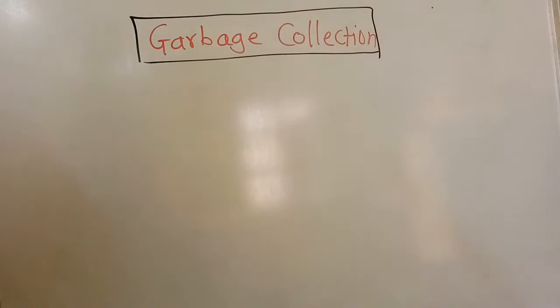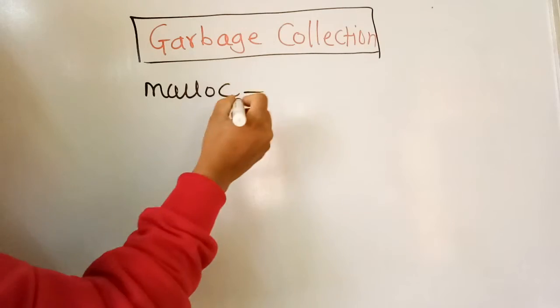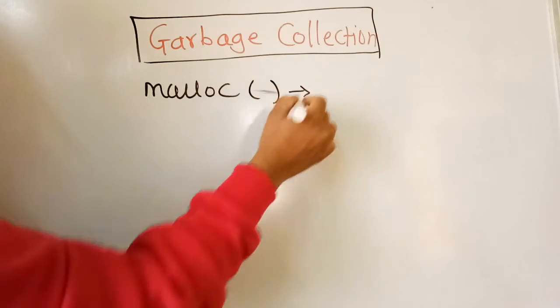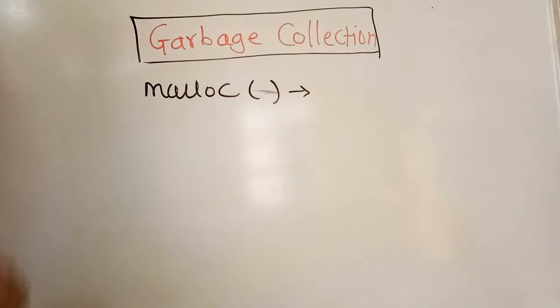Now, garbage collection occurs sporadically in Java during the execution of a program. It runs anywhere the system is idle or where a requested application fails to find enough memory. Java has no malloc function. As I have told you, C or C++ programming uses the malloc function to acquire memory for the objects.